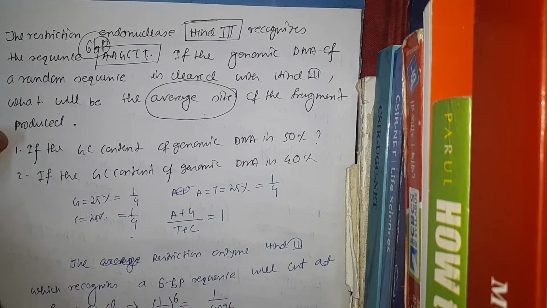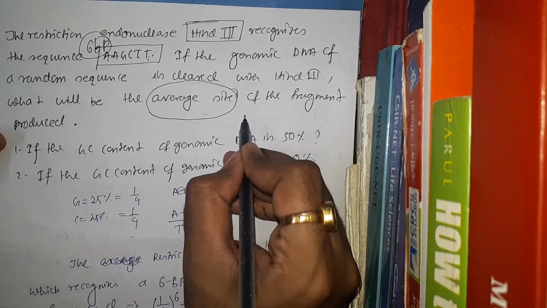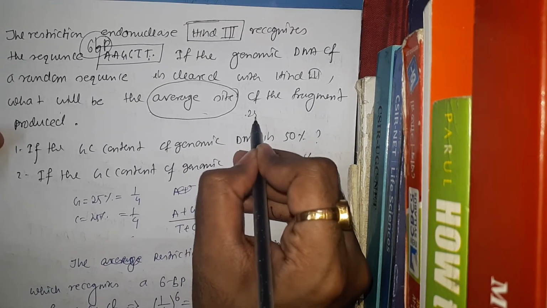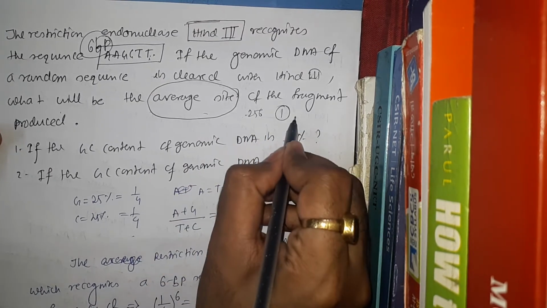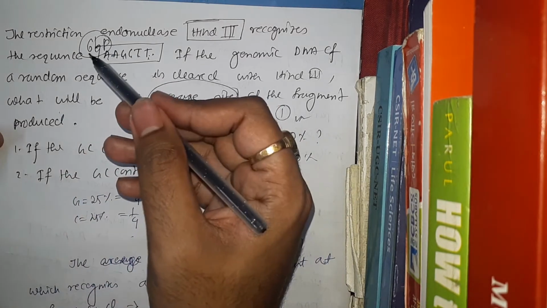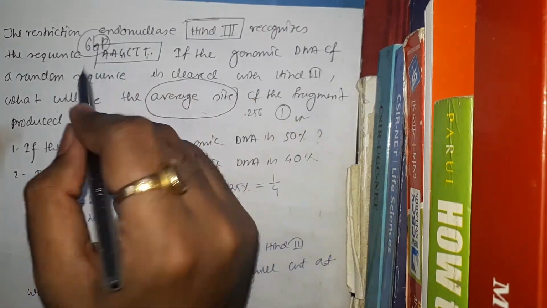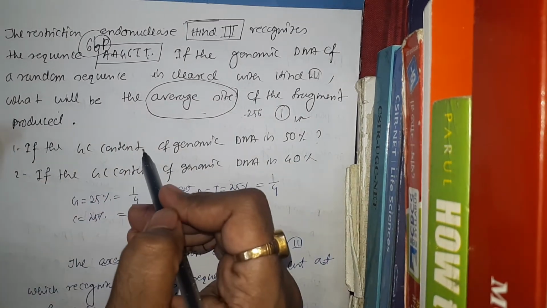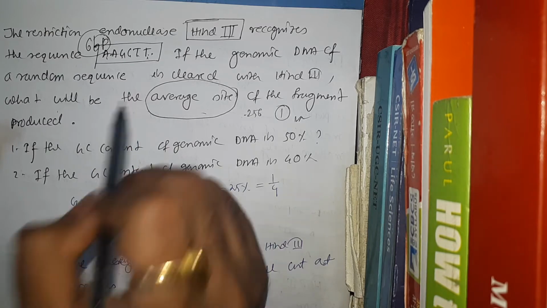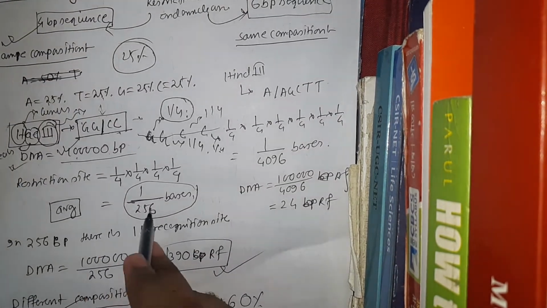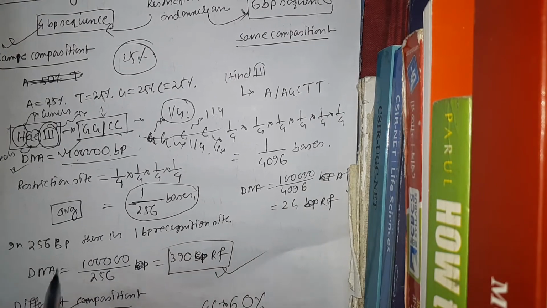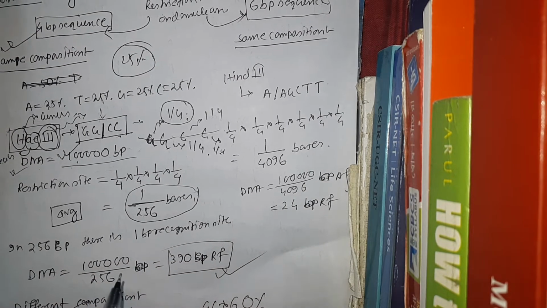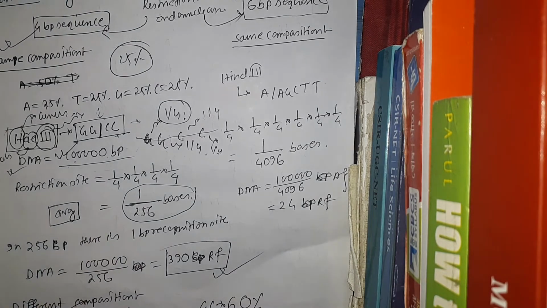That means we need to find in how many base pairs we have 1 restriction site. We do not need to divide by the overall genomic length, and they do not give us the overall genomic length. So we have to tell that in a certain number of base pairs there will be the occurrence of one restriction site.